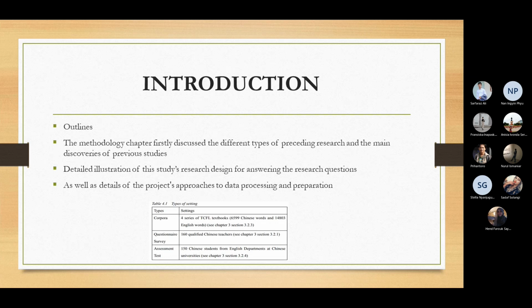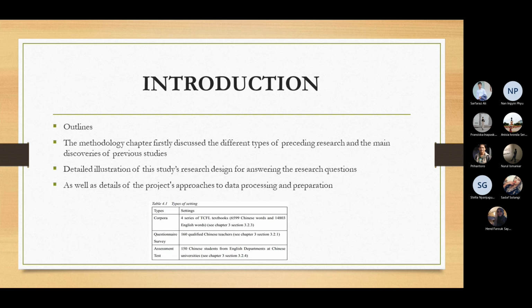Basically, chapters 4 and 5 are designed to answer the research questions. Francisca already told you that there are three main questions. Chapter 4 presents the background and answers for question number 1 and question number 2.